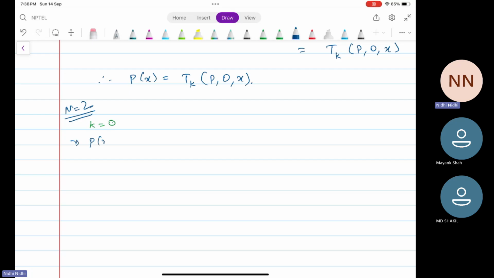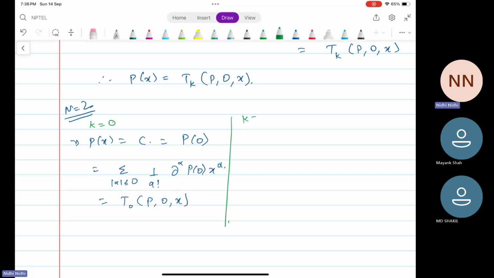That means the polynomial p(x) is just a constant, which can be written as p(0). So this is just the summation over mod alpha less than or equal to 0 of 0 to the power alpha, which is p(0).